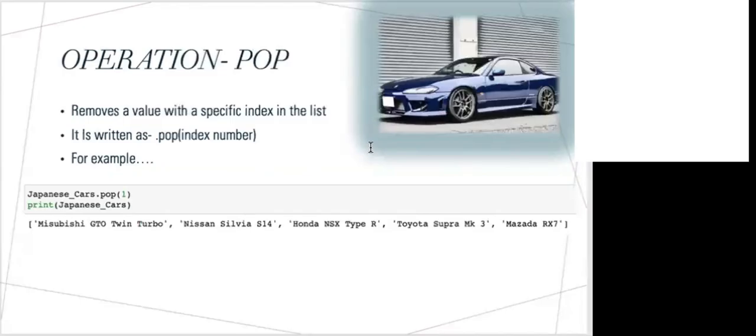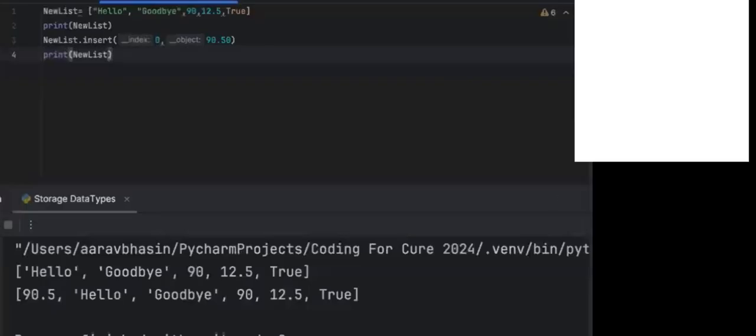So our next operation is pop. Pop, similar to remove, and just like with insert, it removes a specific index. So you don't need to specify the name, just the index of that item. For example, say I want to get rid of goodbye. If we take a look at the list, you can see that goodbye is in the first index: 0, 1, 2, 3, 4.